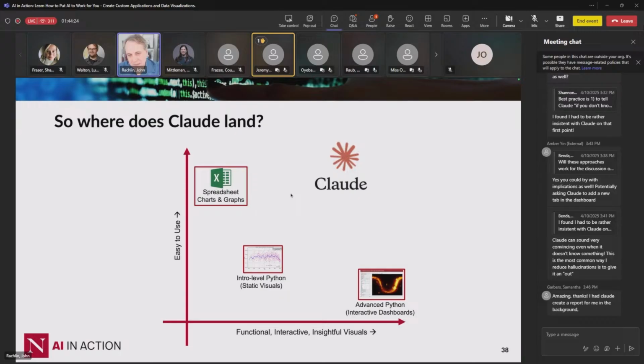What could possibly be easier? On the other hand, I would say that if I'm really doing research grade data science and I need to create really advanced visualizations, I may still need to learn some coding skills, but you can do an awful lot with some very simple interfaces using Claude. And that, to me, is remarkable and astonishing.